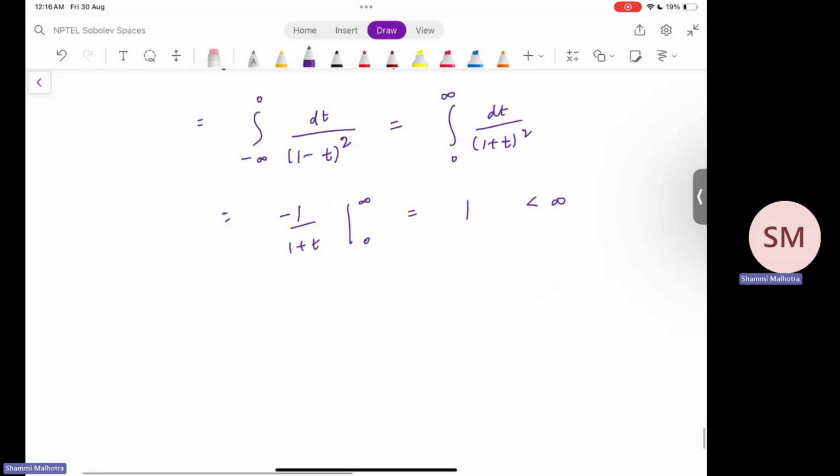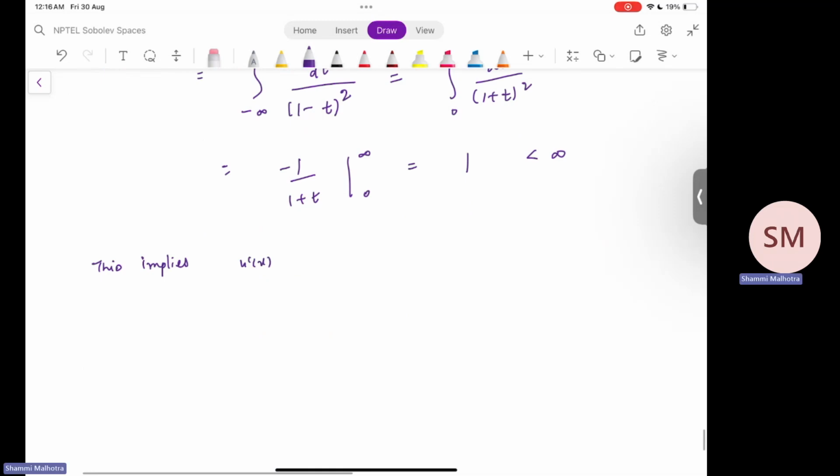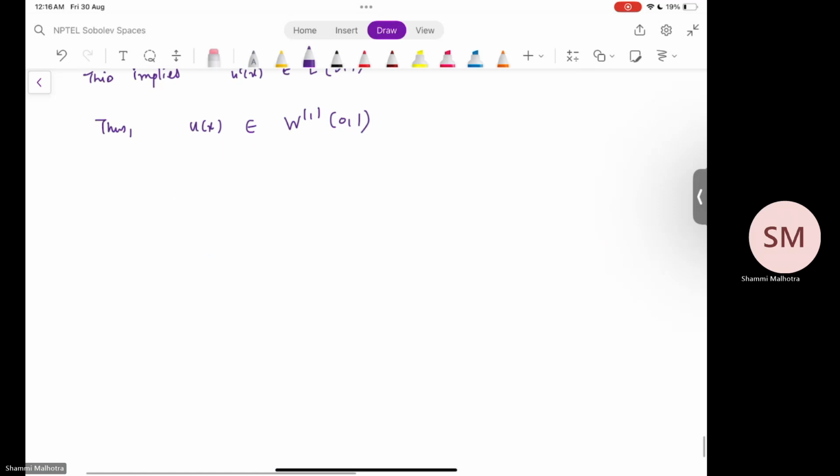So this shows that u'(x) is in L^1(0,1). Thus we have u(x) in W_0^{1,1}(0,1).